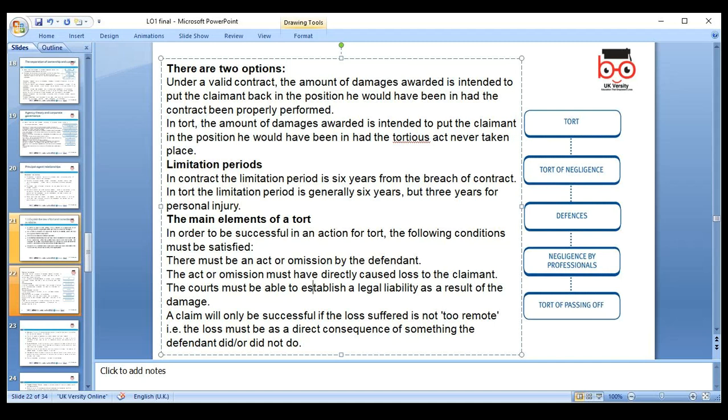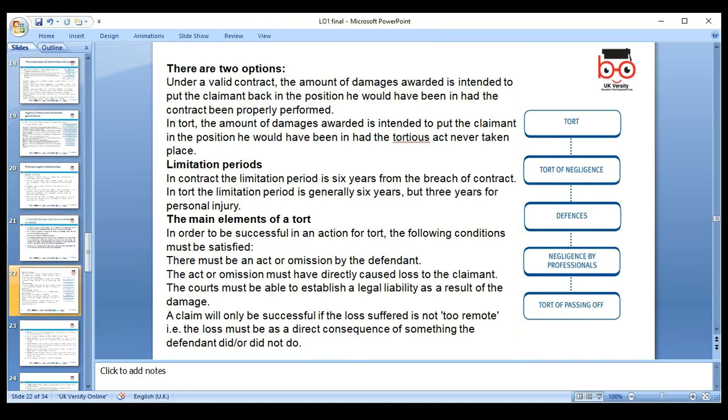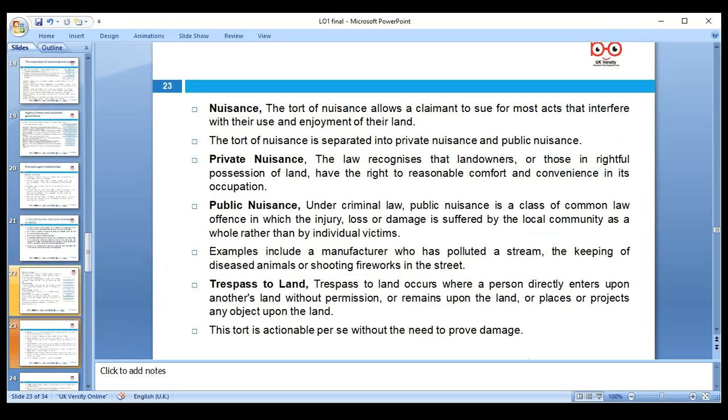The claim will only be successful if the loss suffered is not too remote. The loss must be a direct consequence of something. Of course, you don't really control the laws yourself. If the tax authorities said this will be so next year, but in the meanwhile the Finance Act changes, yes, you can only do that.